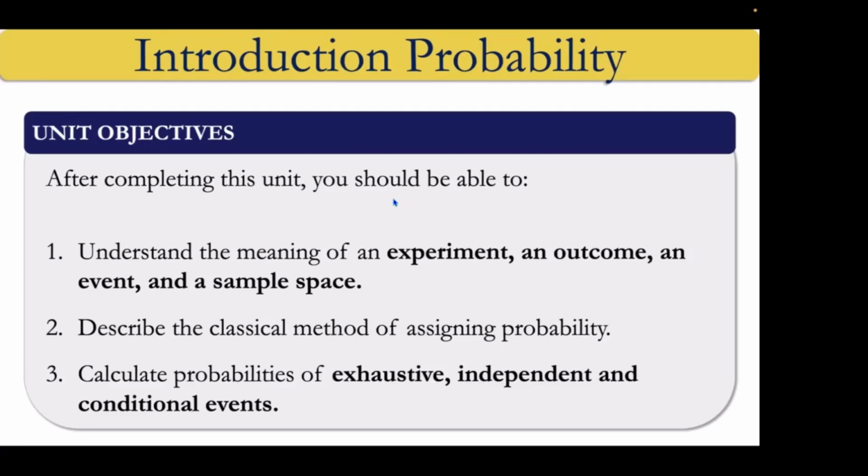An experiment simply means a repeated process with well-defined possible outcomes. An outcome is the result of something. So you take a quiz, the outcome is your marks. Then we have the sample space.